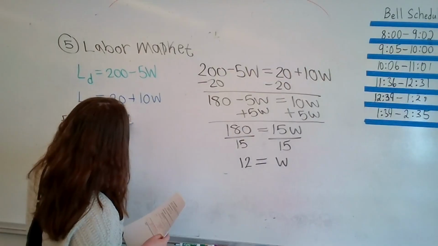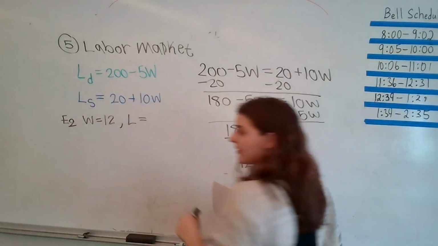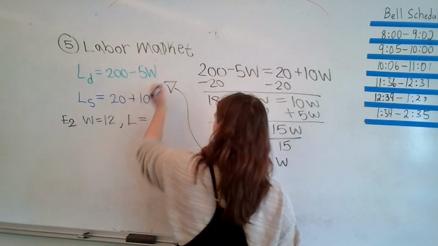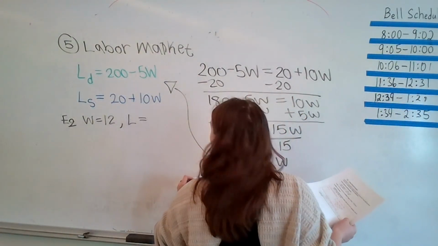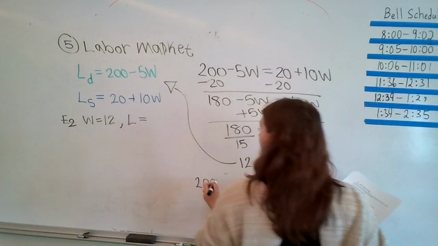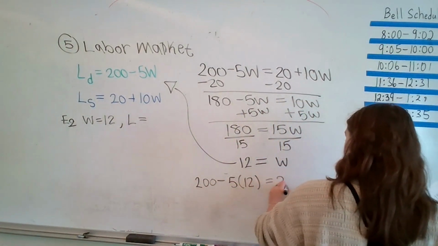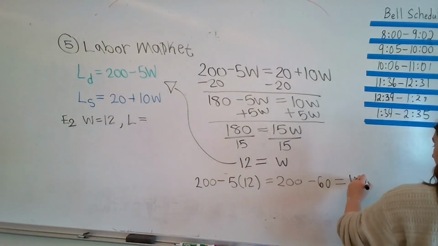So in our original equilibrium, we have a wage of $12. And now we need to find out what our labor is going to look like. Same thing we've been doing: take this value, plug it in, and make sure they add up. Labor demand is 200 minus 5 times 12, that's 200 minus 60, which equals 140.